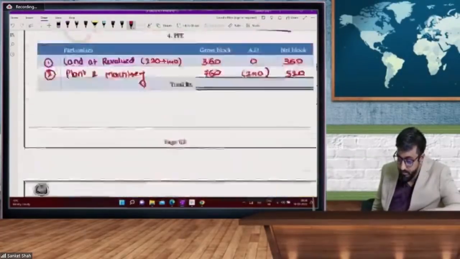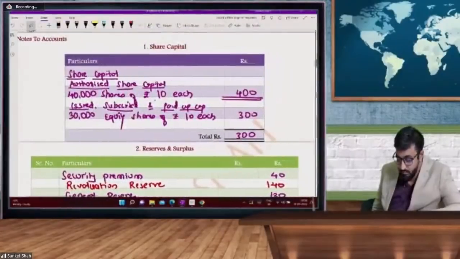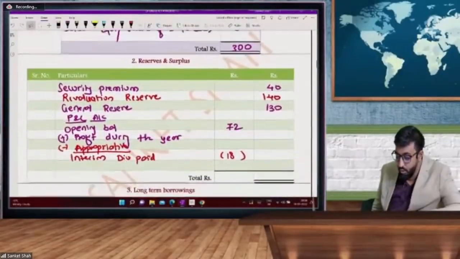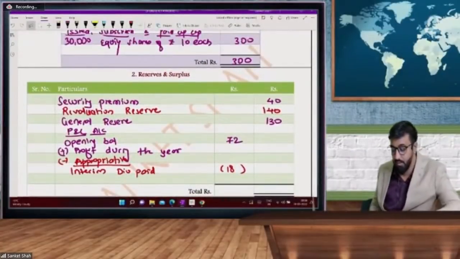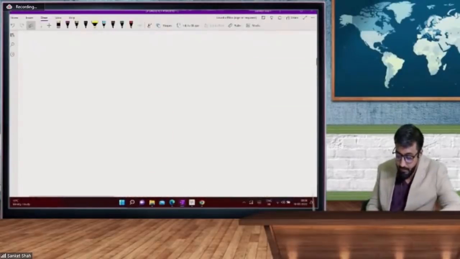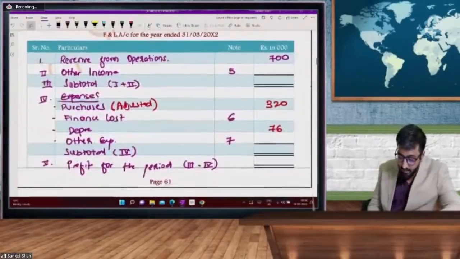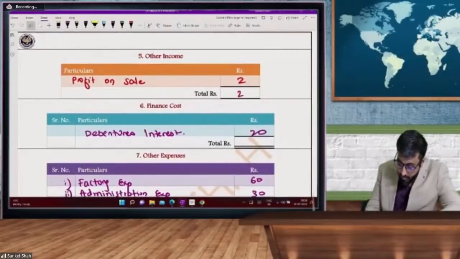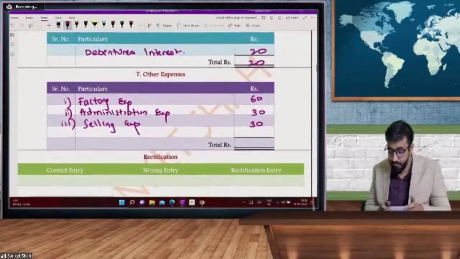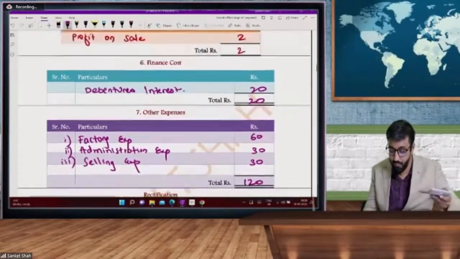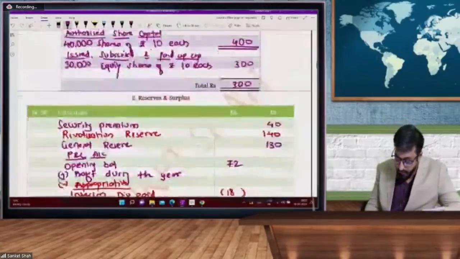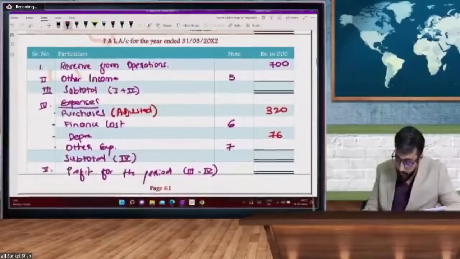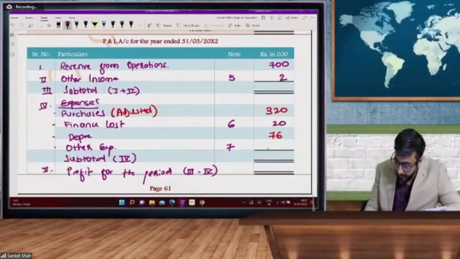Easy. Now it's time to close the notes. Let's first close the P&L. Other income, note number 2, 20, 120.